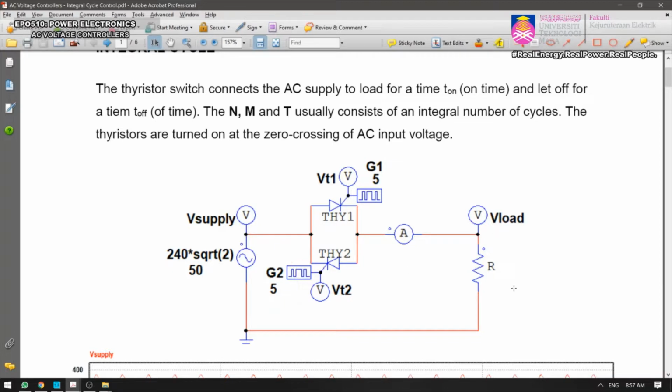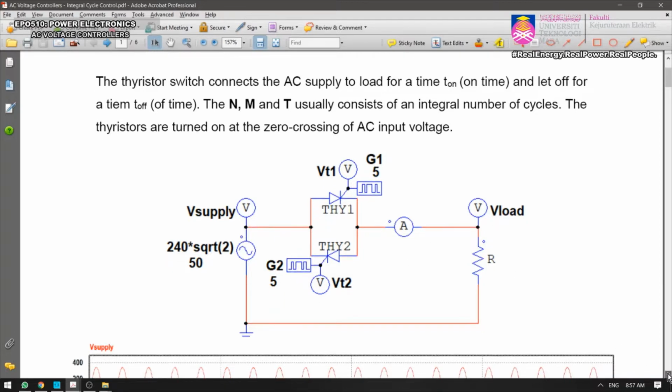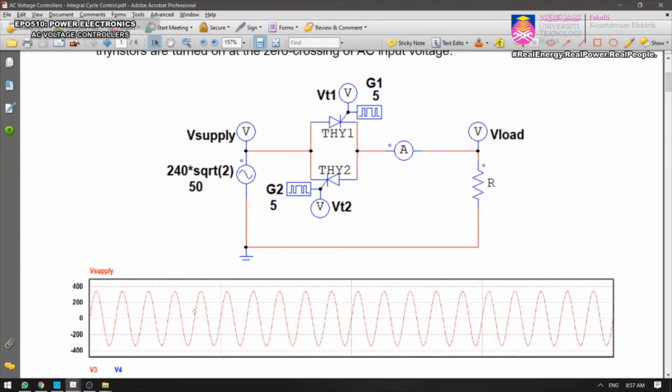Now let's have a look at how it's done. We know that the input is 10 times faster than the output frequency, isn't it? 50 and this is 5, so the input is 10 times higher in frequency compared to the output.